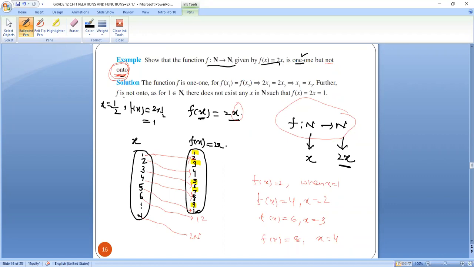So it is written that f is not onto, as for 1 belongs to n, there does not exist any x in n such that f of x equals 2x equals 1. So the set is 1-1 and not onto. If there is any doubt in this question, ask me, only then we will move further. Clear? So we will move next.